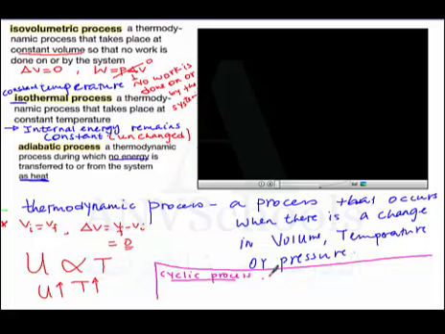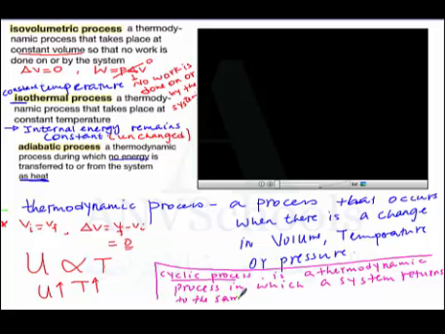This is a thermodynamic process in which a system returns to its original condition, the same conditions under which it started.